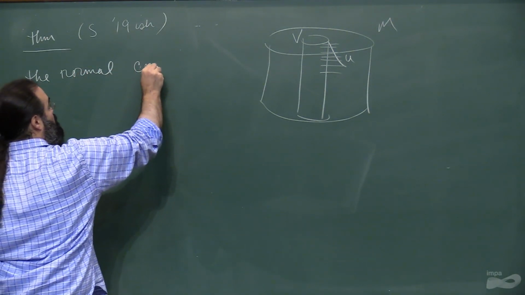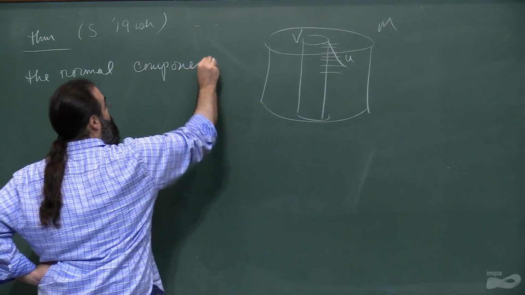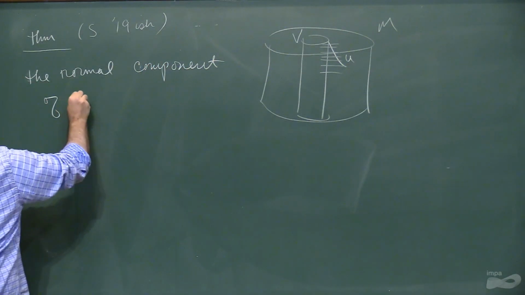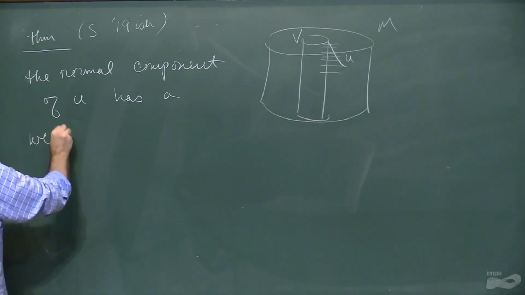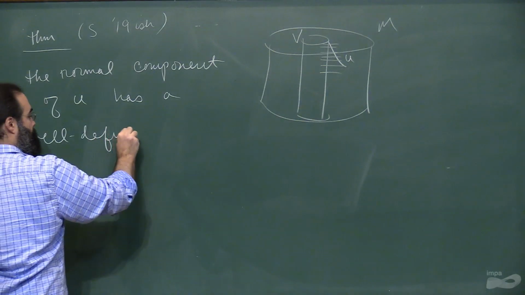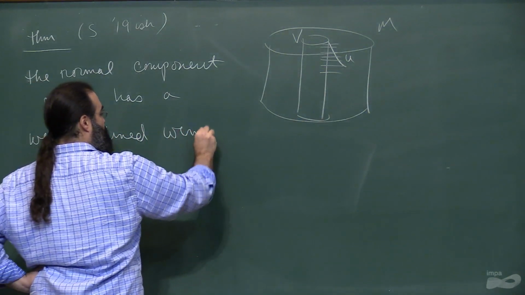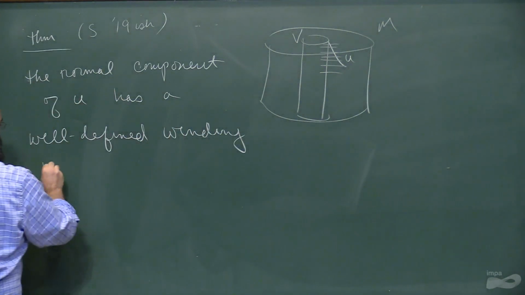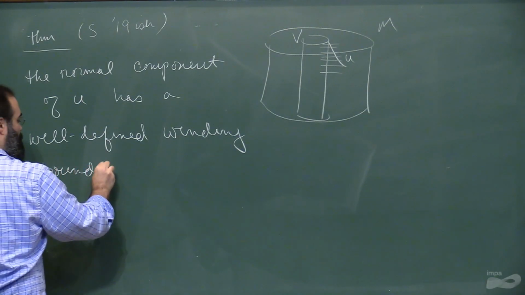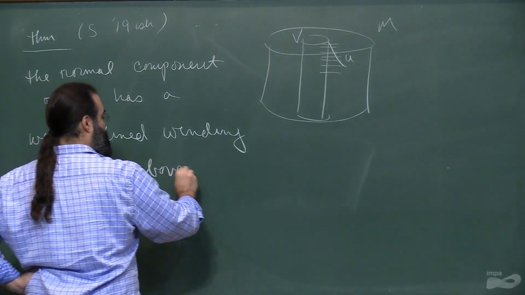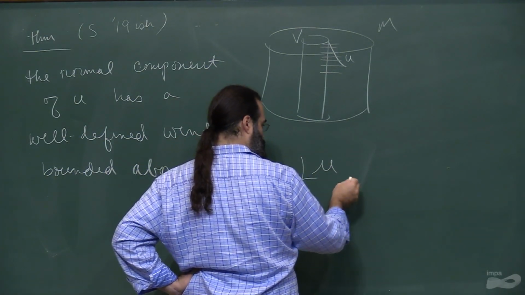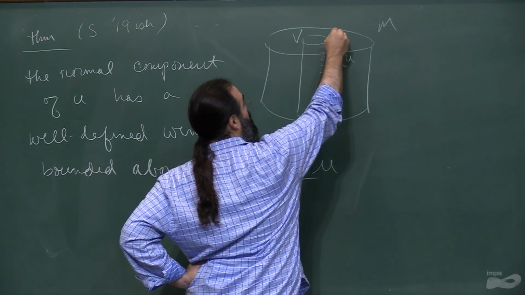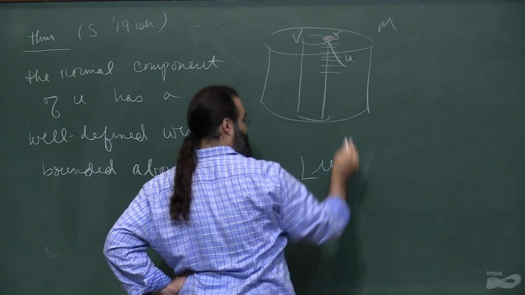The normal component of U has a well-defined winding bounded above by, and I'll explain what this is. Let's say U is converging to an orbit gamma up here.